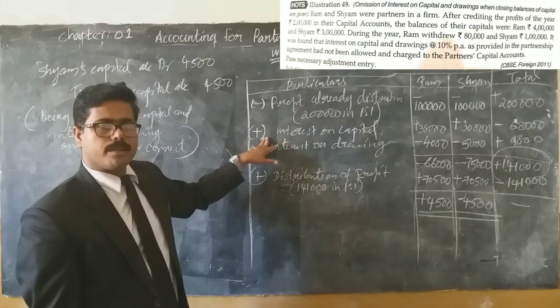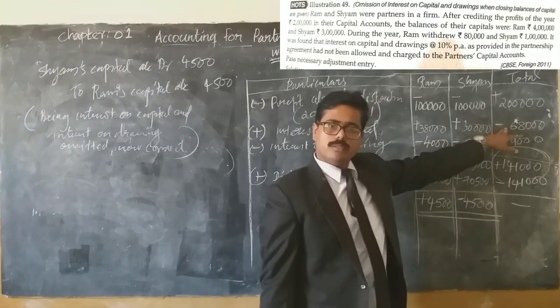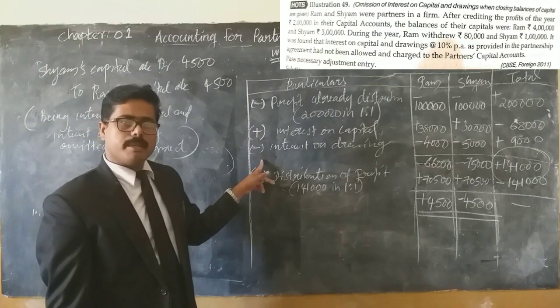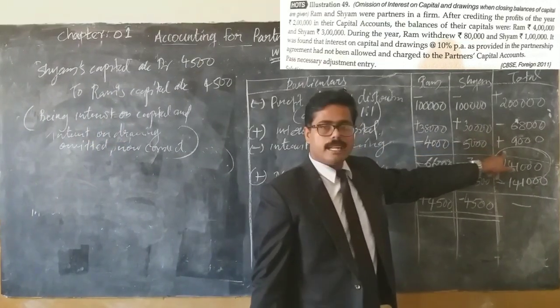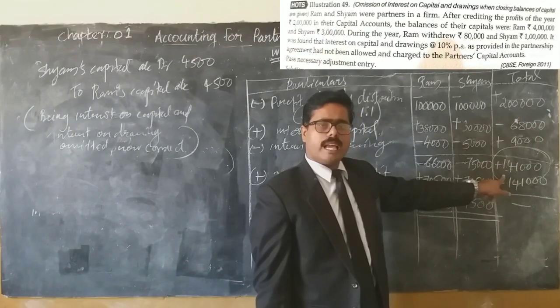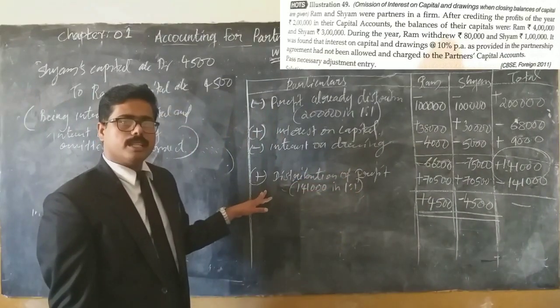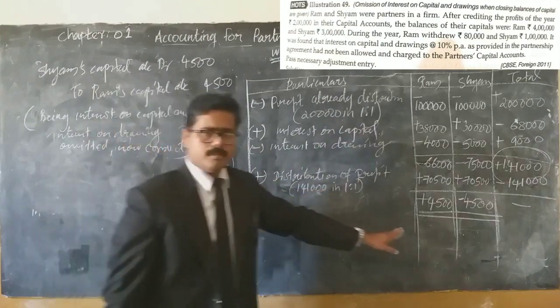When we provide interest on capital, that will increase the capital of partners, so added, and from our account 68,000 deducted. Interest on drawing we deducted because we charged it from them, so deducted, and it is added to our total profit, and the balance in our account is 1,41,000. So that amount has been distributed among the partners in 1:1 ratio, and find the net effect.